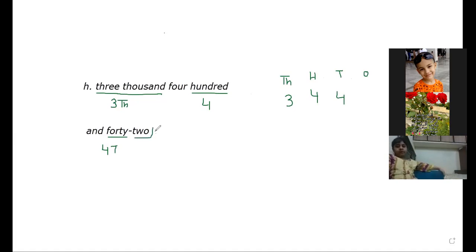This 2 is separate, and it means that it is our unit. Unit and ones mean the same. So how many ones do I have? I have 2. The answer of the H part is 3,442.